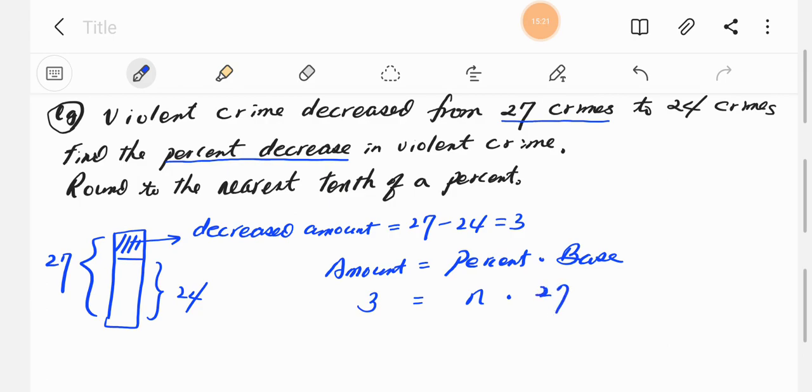Because the original amount is 27, right? So X percent of 27 is 3, right? Because 3 is the decreased amount. Can you see it? So in this case, the base is 27, because you're applying X percent of this 27. So it becomes 3, right?